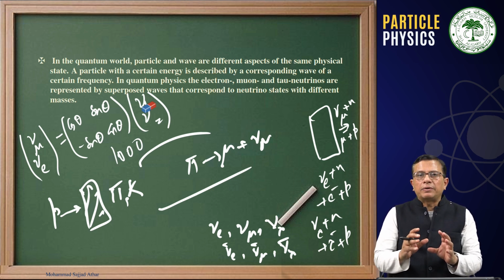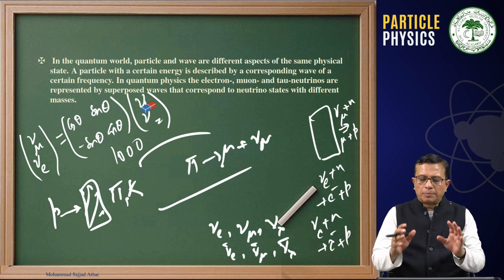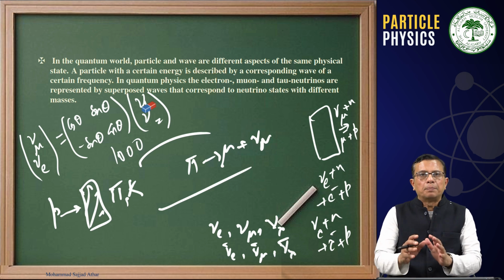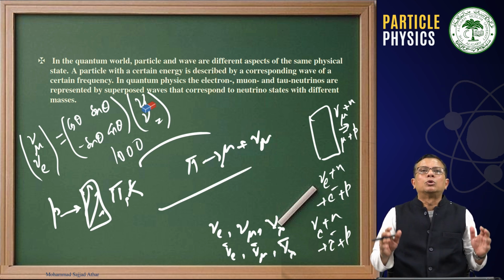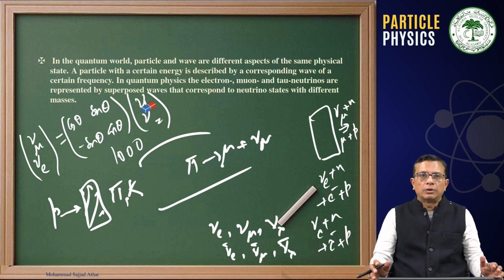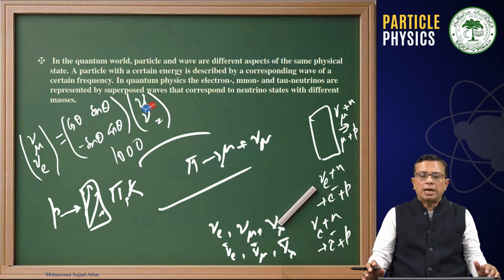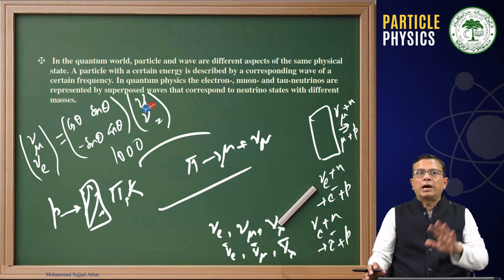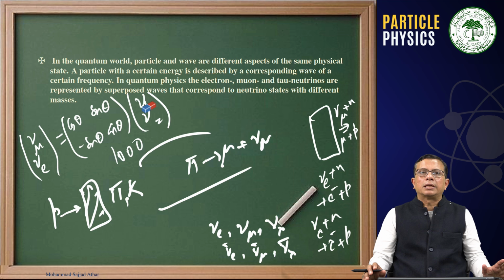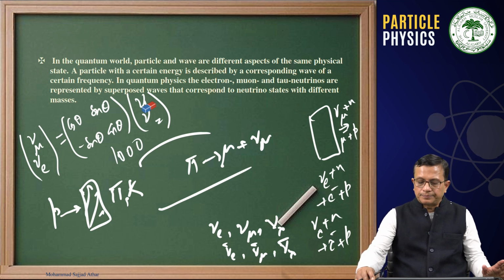For two flavors, we will take the simple case first and then generalize it to the three flavor scenario in the next class. But here we have two flavors, and theta is the mixing angle.